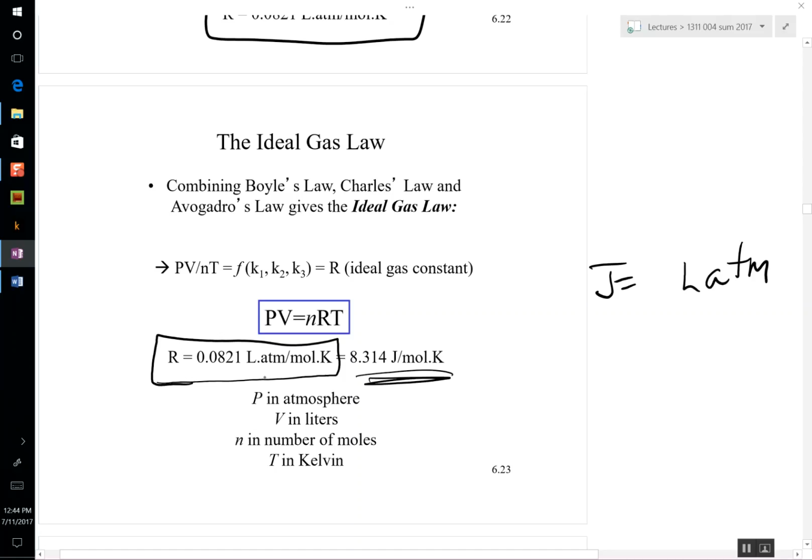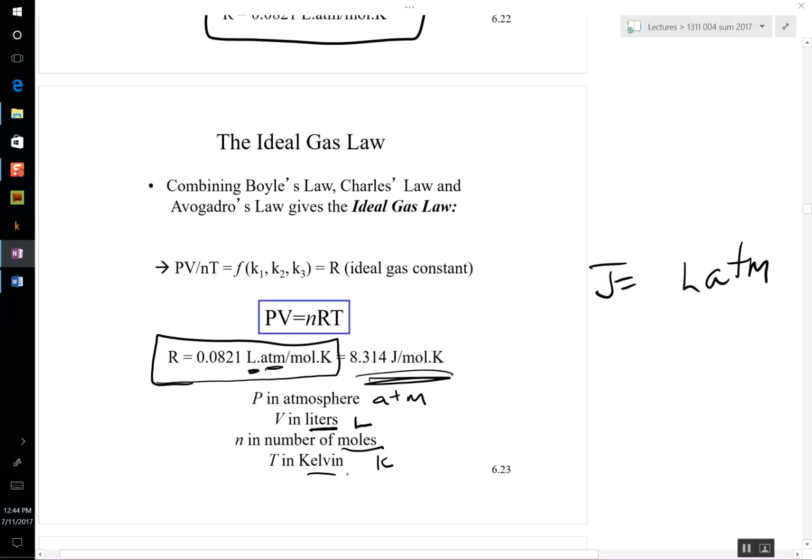But the units on the R are telling you what these units need to be for every one of these other parameters. N needs to be moles. Temperature needs to be Kelvin. All right?